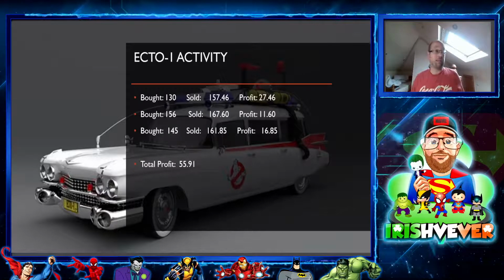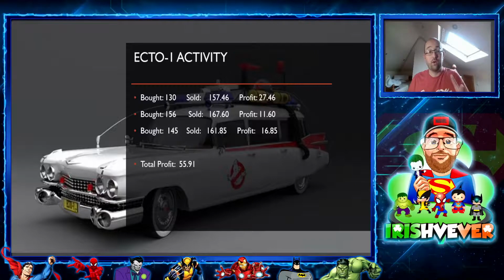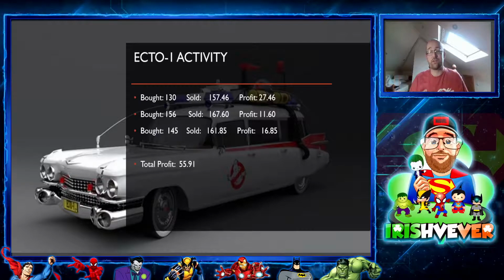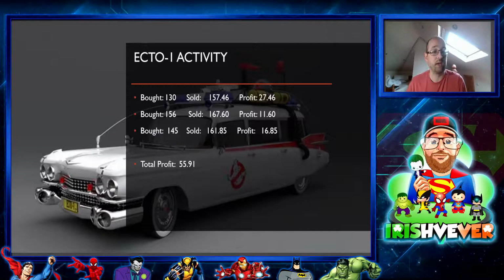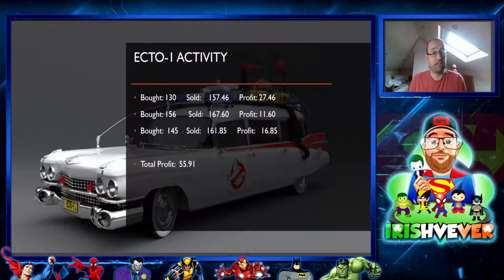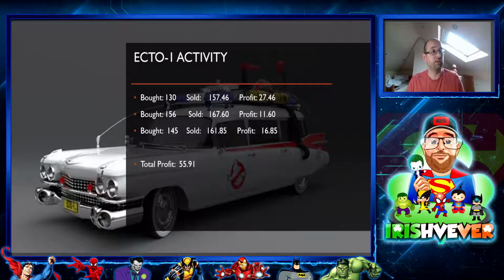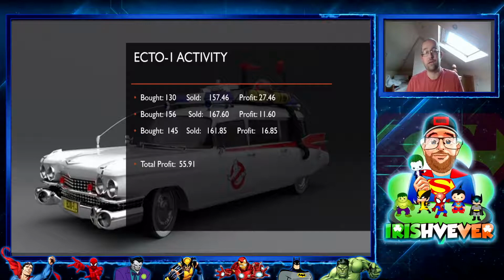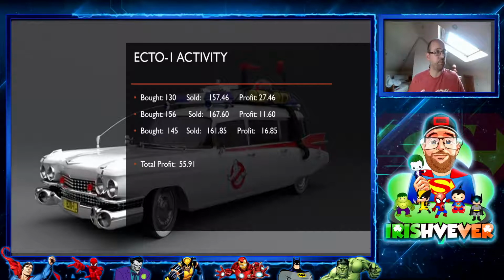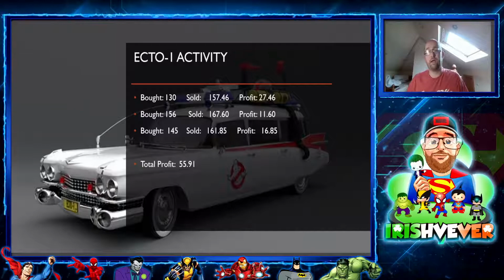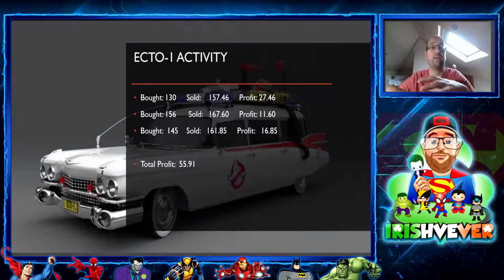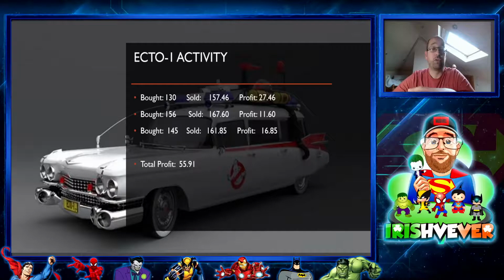That's nuts. That's just from buying one collectible over and over and selling it. And my rule is only set on one Ecto 1. My bankroll is relatively small. I don't want to be clogging it up with loads of Ecto 1s, for example. But as my bankroll gets bigger, I'll be able to scale this out and apply this strategy across a couple of NFTs.